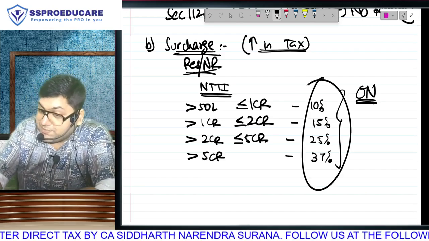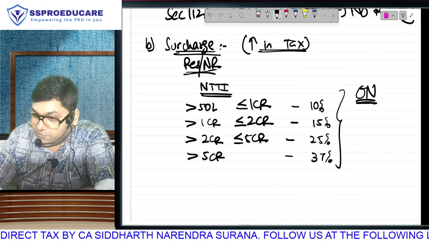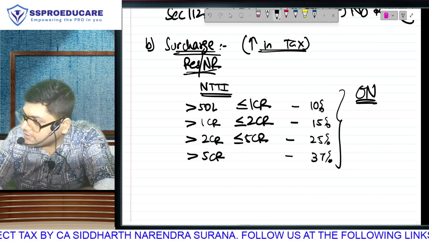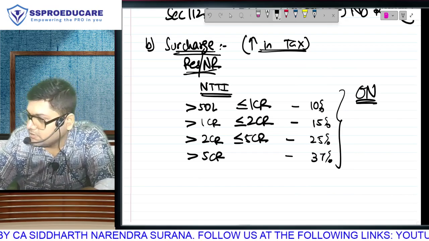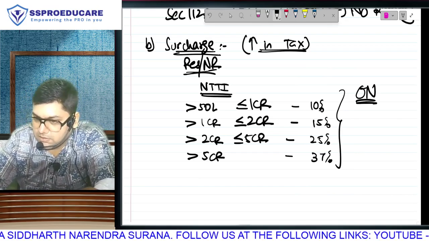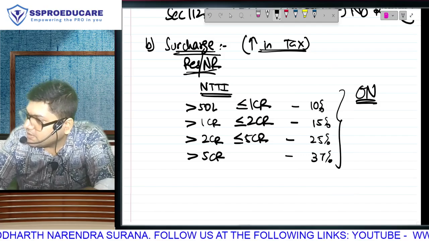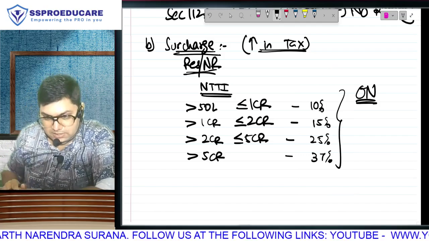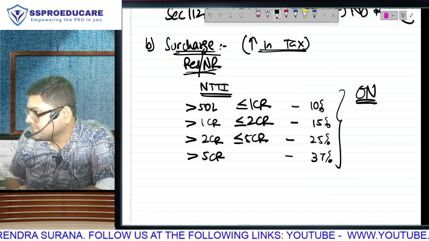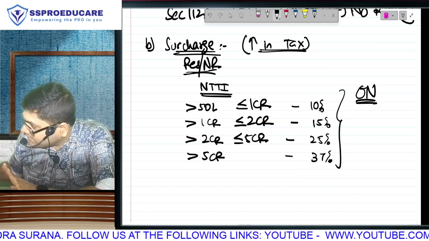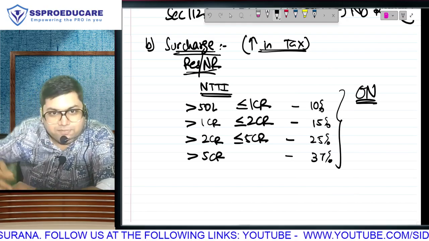Understand that these are not slabs. If income is 40 lakh, 0. 80 lakh, 10. 1.5 crore, 15. 2.5 crore, 25. 5.5 crore, 37. These are not slabs. Any one surcharge will apply based on total income. So at 1.5 crore, what is your applicable surcharge? 15%. You know what mistake people make?